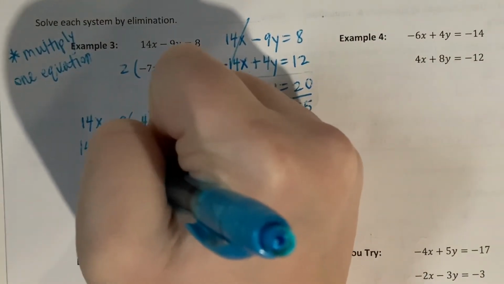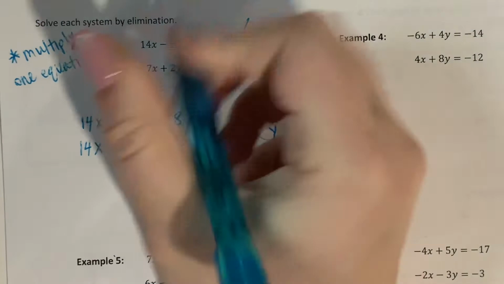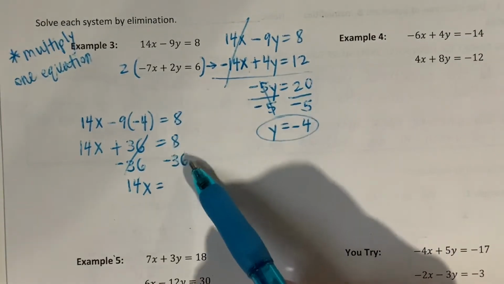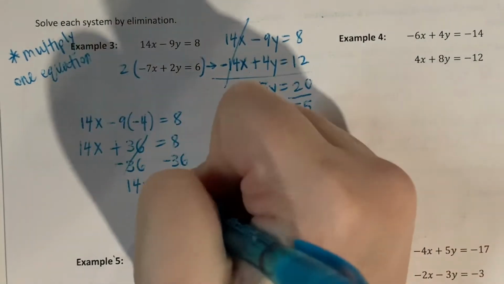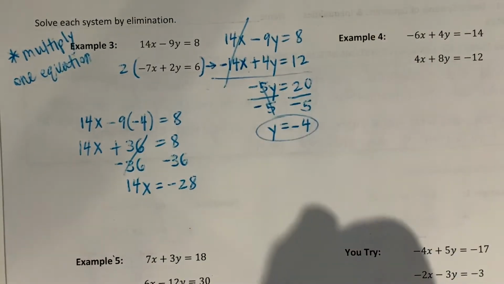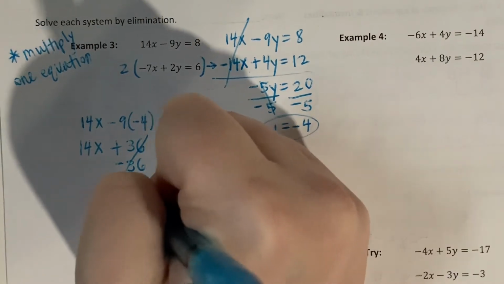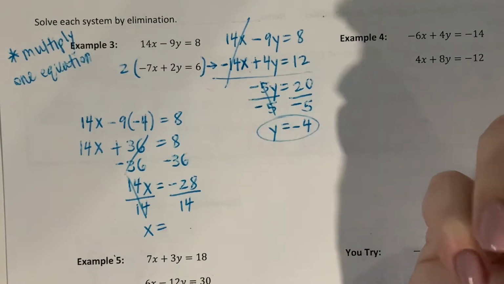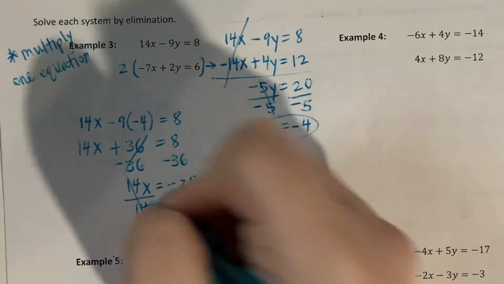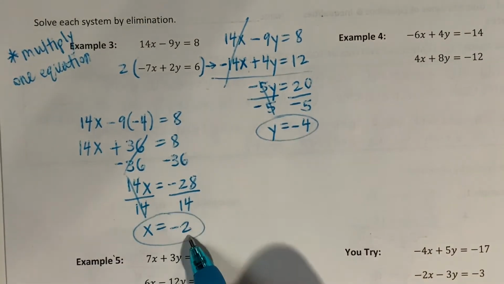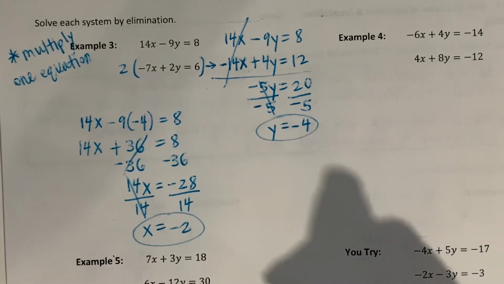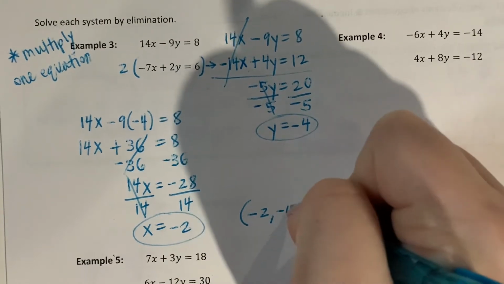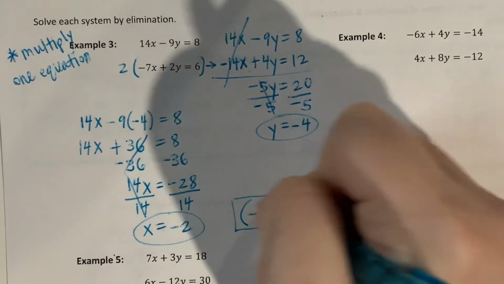I can subtract 36 from both sides, and I get 14x equals 8 minus 36 gives me -28. My last step here is to divide by 14 to get x by itself, and I get that x equals -2. So now I know my x and my y value. I can write my final solution as an ordered pair. So I have -2, -4 as a final answer.